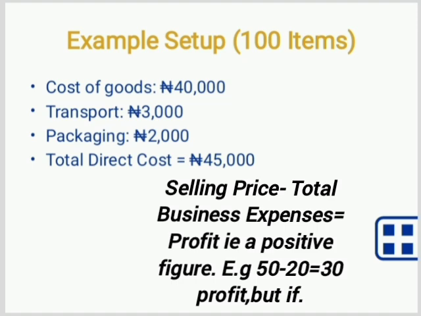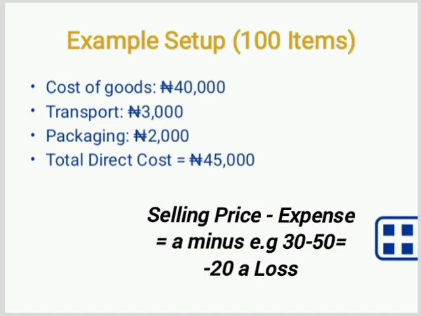deducted, when your selling price less your expenses gives you a positive figure. For instance, let's say 500 naira was what you realized from your sales, less the expenses. Expenses is not just the cost of the product you purchased.